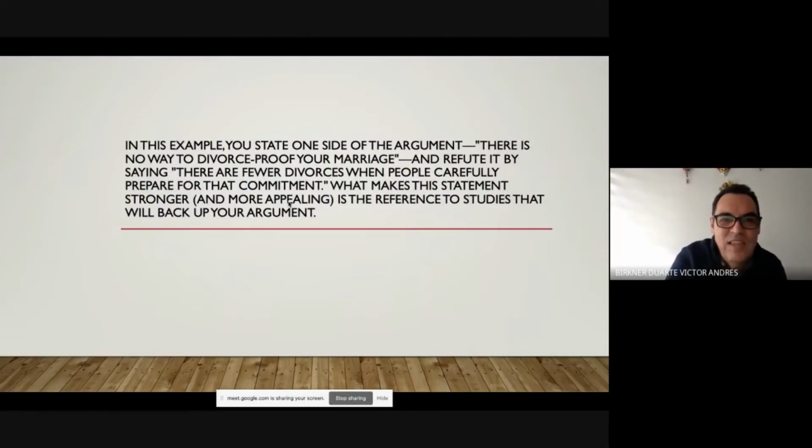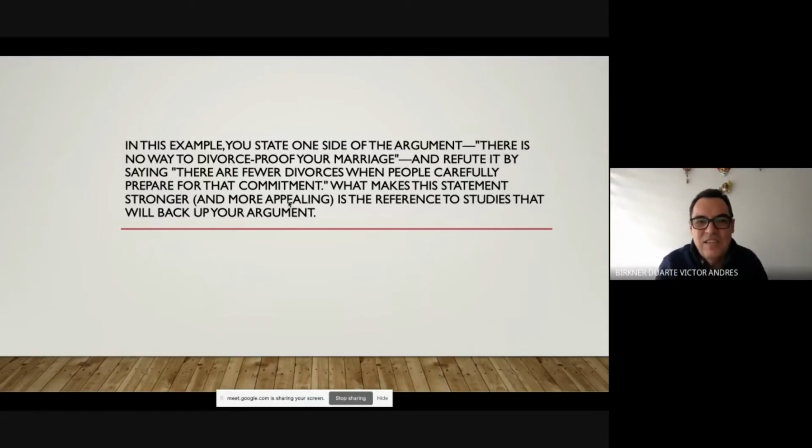Let's see this example. In this example, you state one side of the argument, which is there is no way to divorce-proof your marriage, and then you refute or reject, I would say, the previous statement with this: there are fewer divorces when people carefully prepare for that commitment.